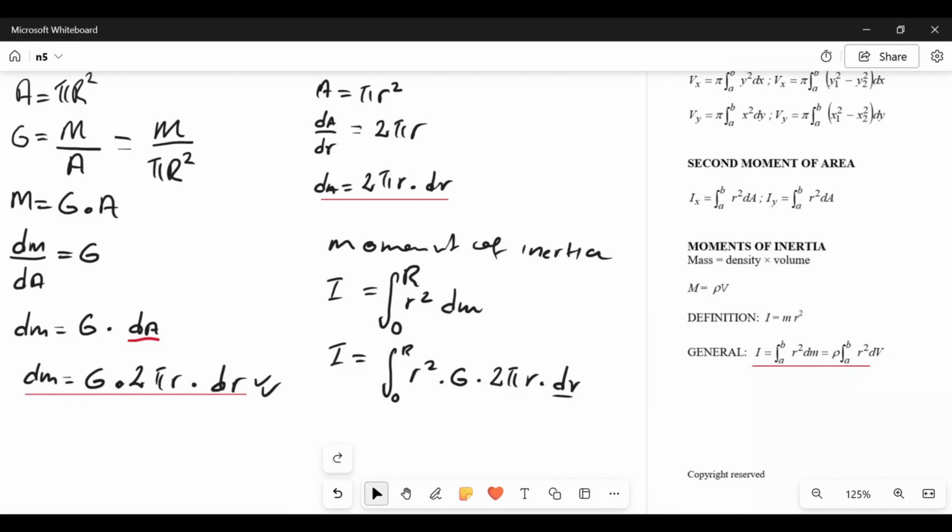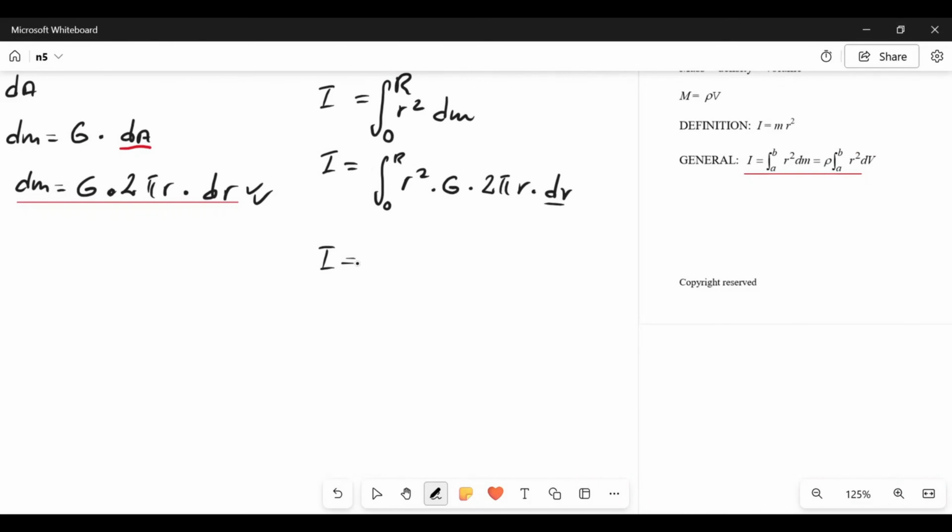All right, let's continue. Let me create a little bit of space here. Now we know that we can take the coefficients outside the integral. Let's take out 2 pi and the density, and inside we'll be left with r multiplied by r squared, which will give us r cubed. So that's going to be r cubed dr.